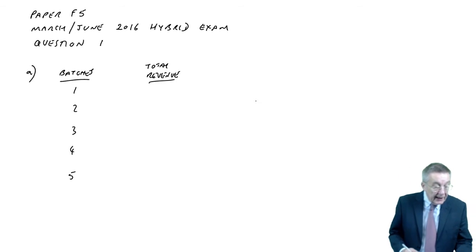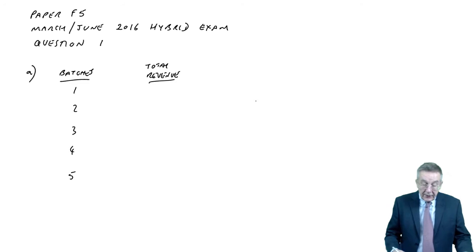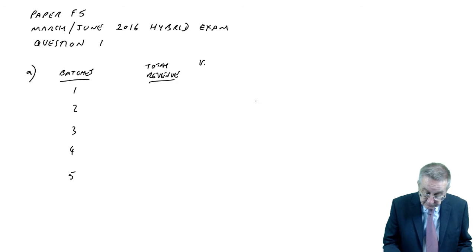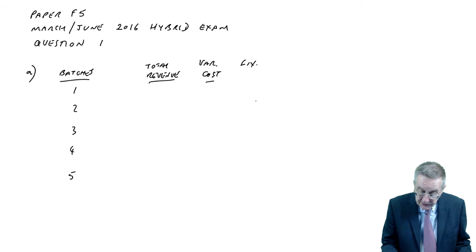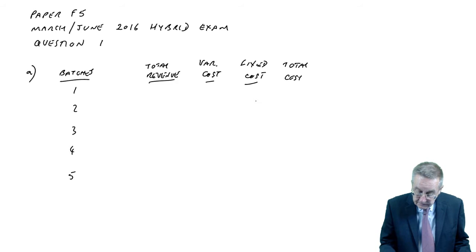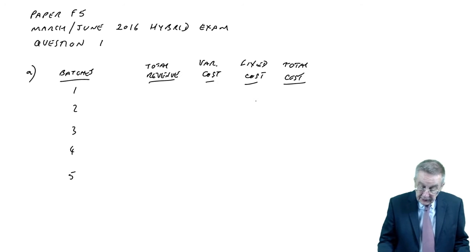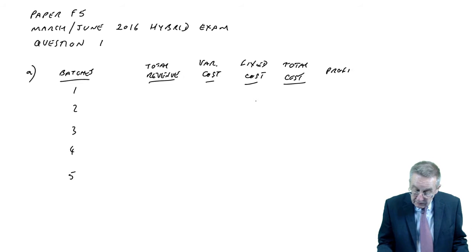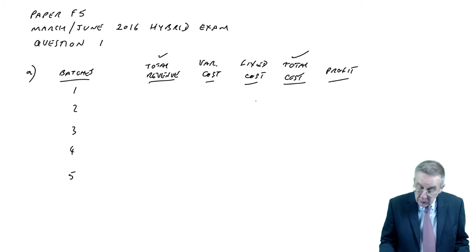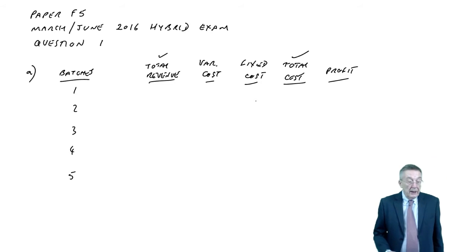And we've got 2 costs here. We've got the average cost per unit, the variable cost. We've also got the fixed cost. The 2 together will give us total cost. And therefore the profit we'll end up with will be the total revenue less the total cost.